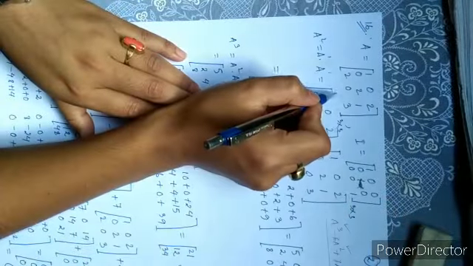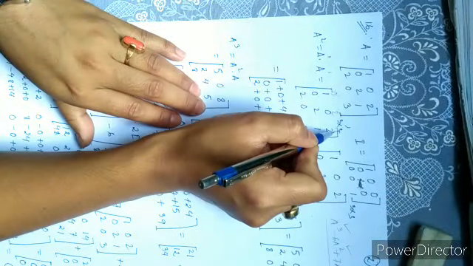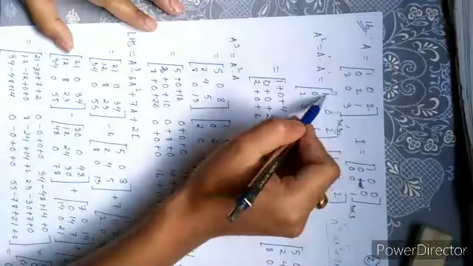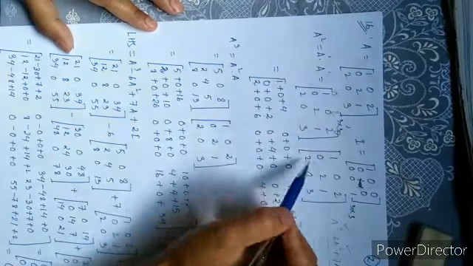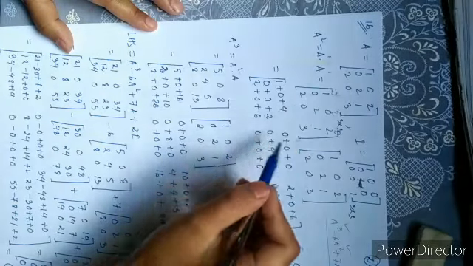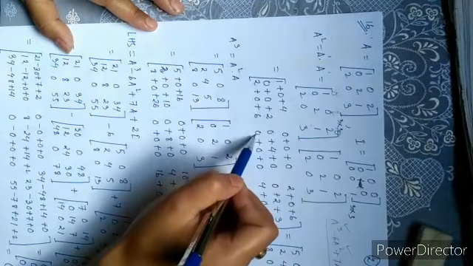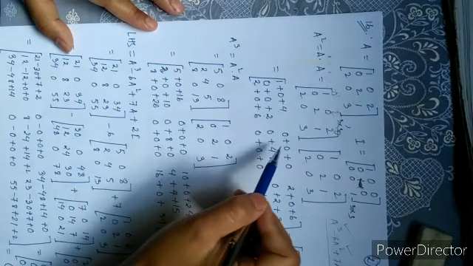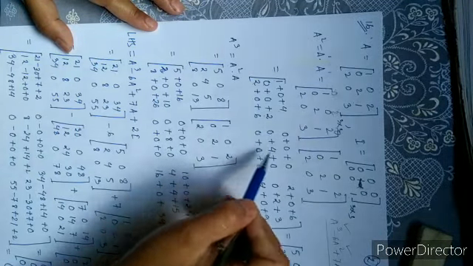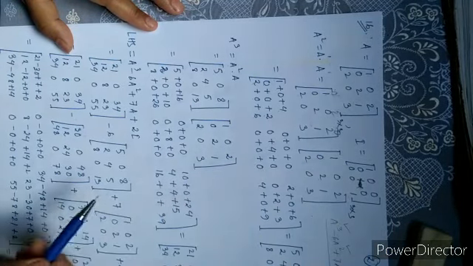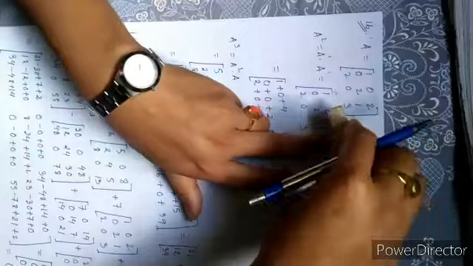Then second, multiply by the elements of the second column: 0 2 0. 0 into 0 is 0, 2 into 0 is 0, 2 into 2 is 4, since all multiples of 0 are 0.